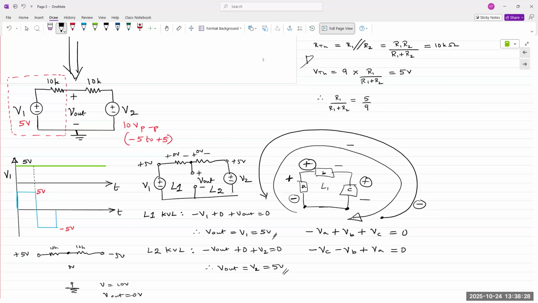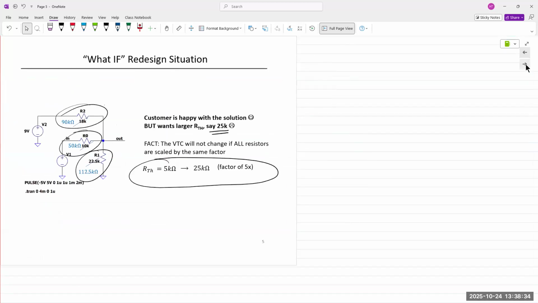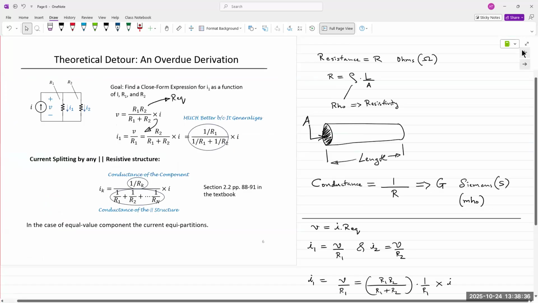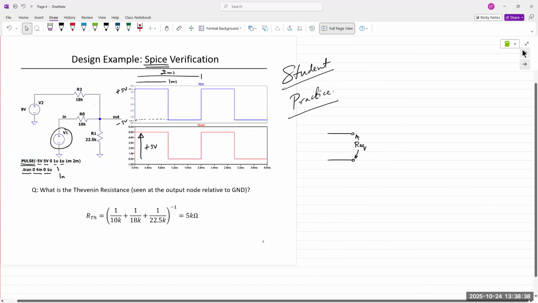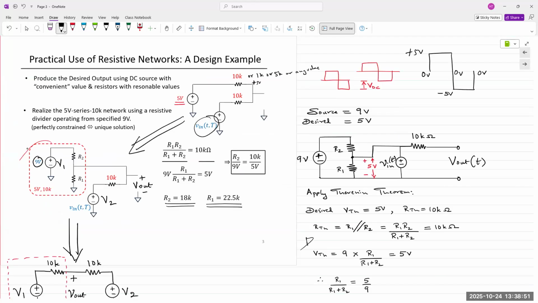All right, so let's continue with this. After that was the step about finding this, because we only had a 9-volt source. How do we obtain a 10 kilo ohm resistance and a 5-volt source if we only have a 9-volt battery?